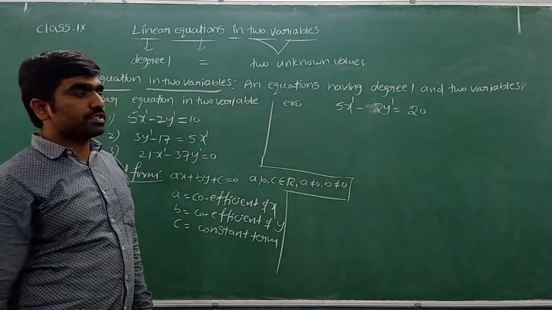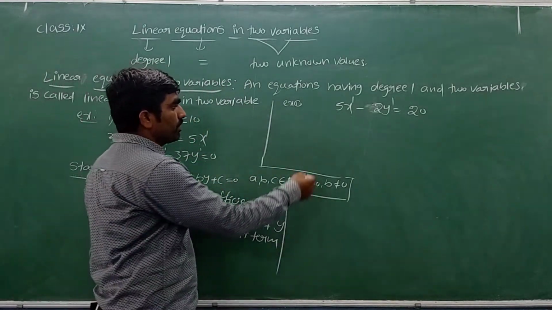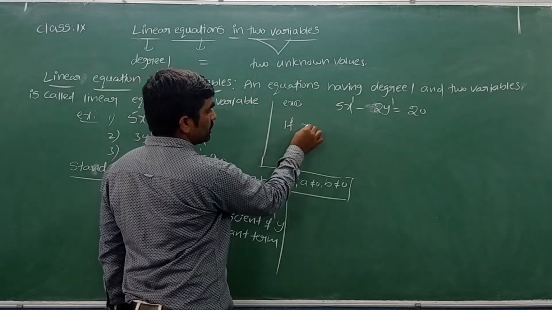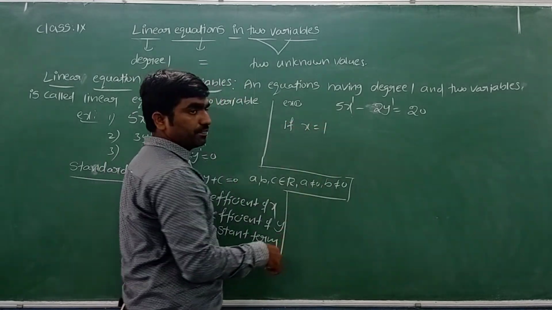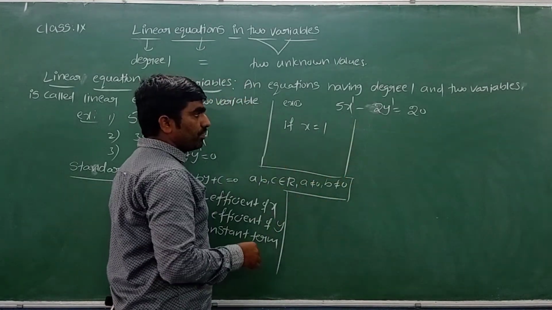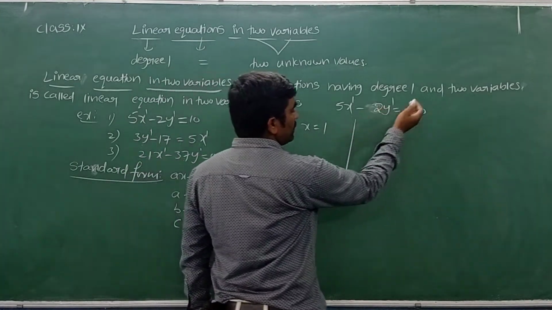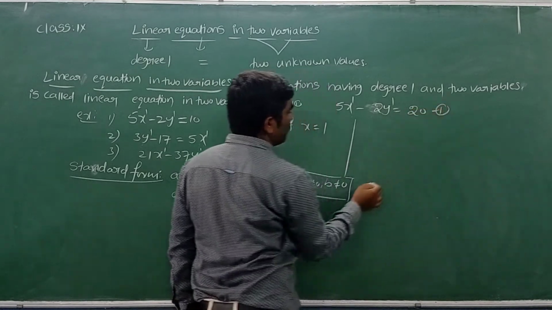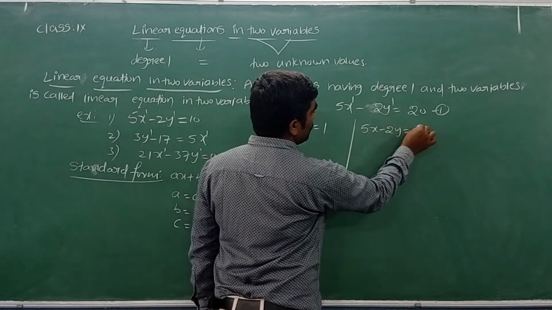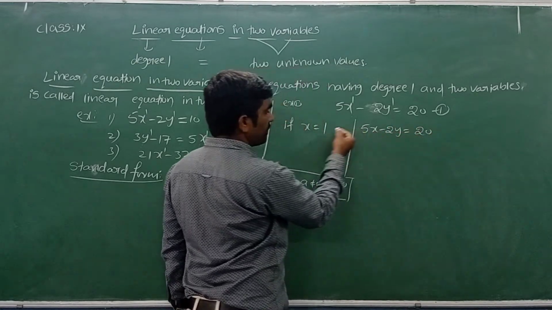Now I want to know the solutions. Here you can see two unknown values. Let me take the unknown value x is equal to some number, which is 1. If x is equal to 1, then we'll see what the y value is. Let me call this equation 1 and substitute x equal to 1 into 5x minus 2y is equal to 20.